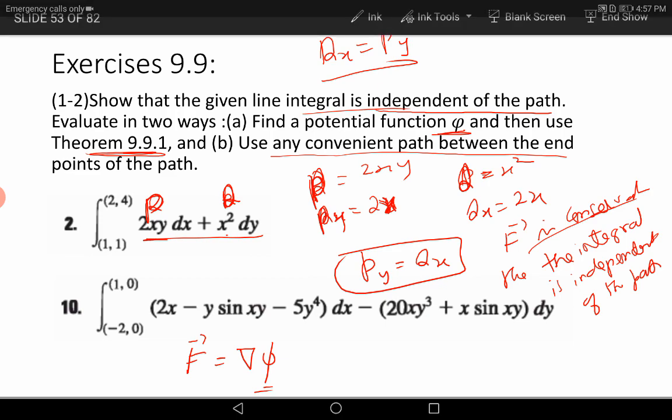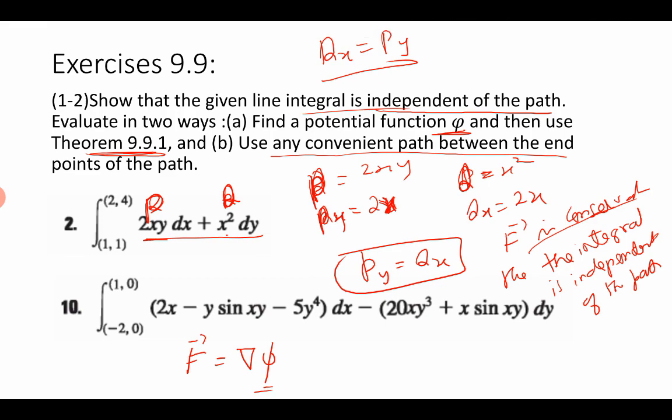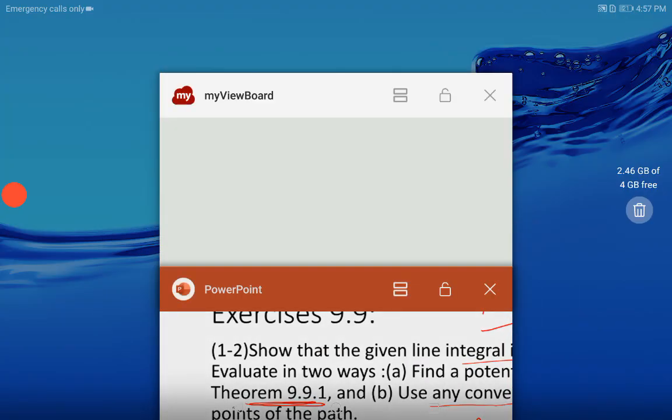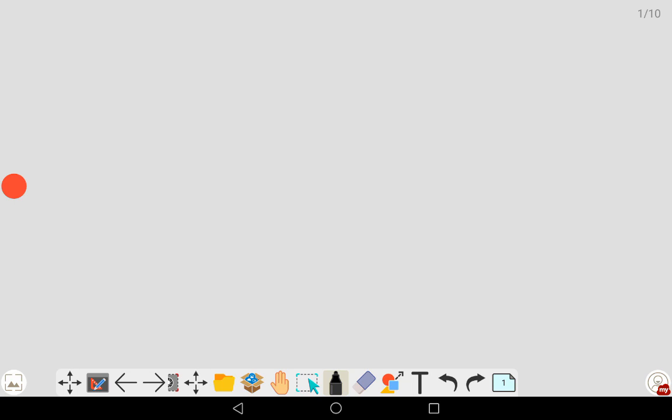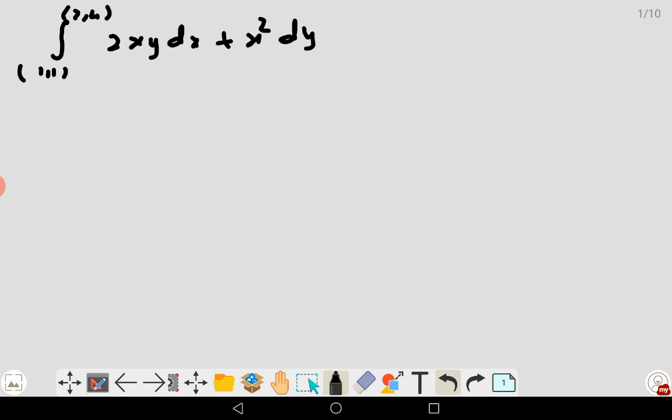What is given to us? The integral from (1,1) to (2,4) of 2xy dx plus x squared dy.